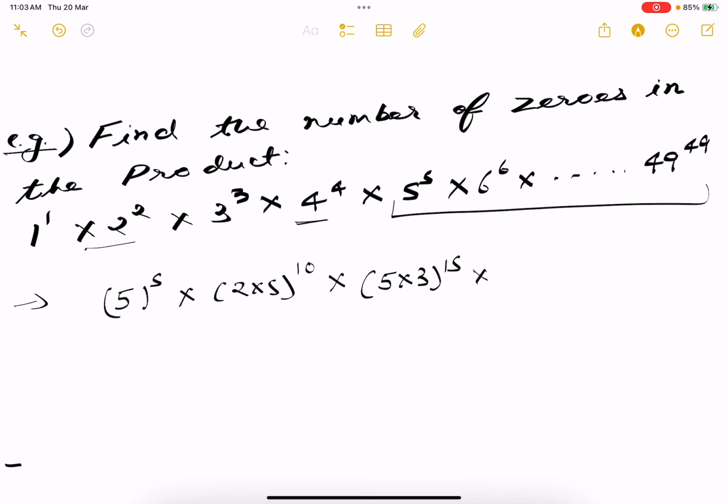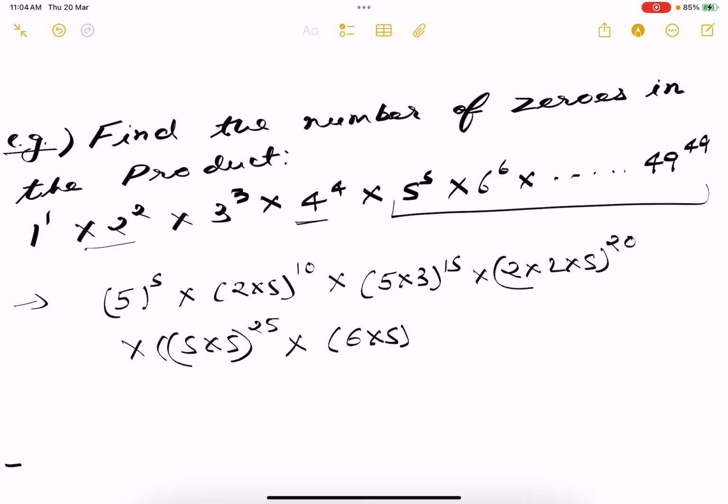And after that 20 would be given by 2 into 5 to the power 20. After 25 would be given 5 into 5 to the power 25. After that 30 would be given, so 6 into 5 to the power 30.